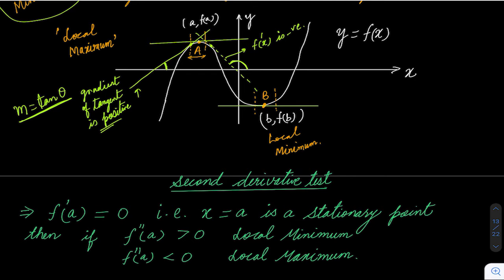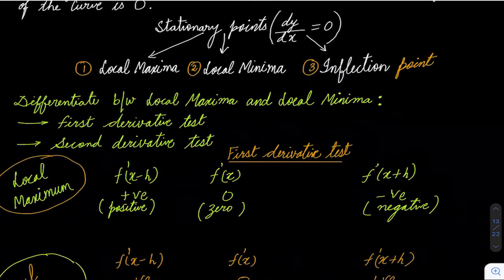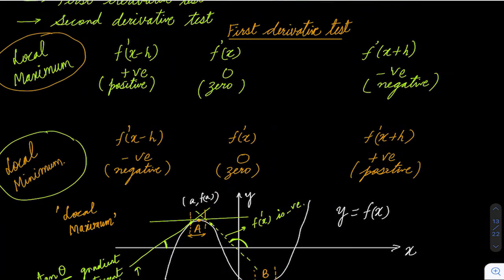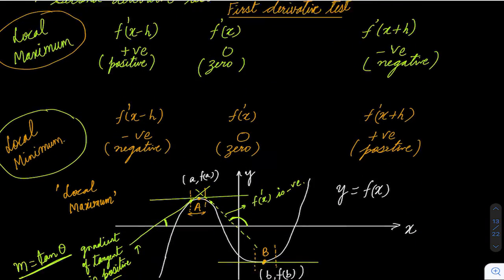So if point A is a point of local maxima, then to the left of A the gradient is positive and to the right of A the gradient is negative. That is what is written here in the first derivative test for local maxima.